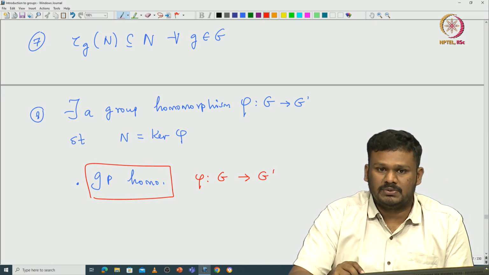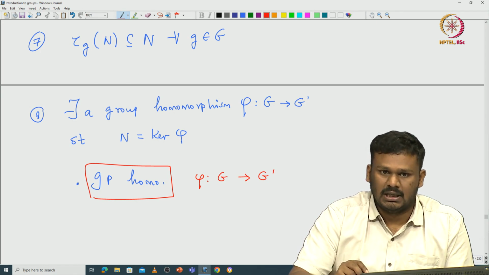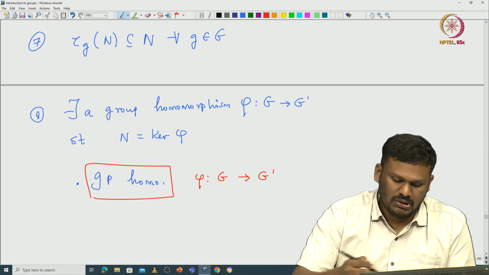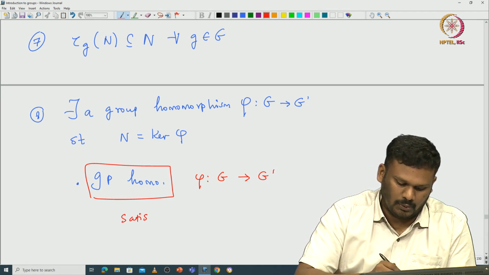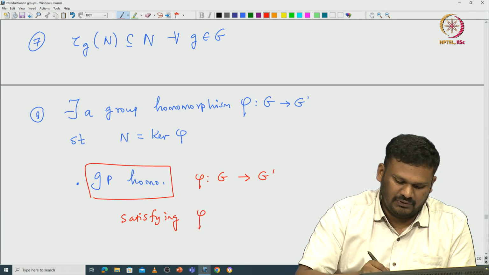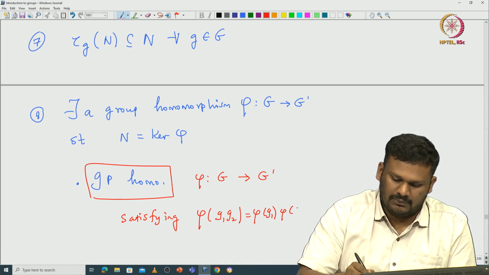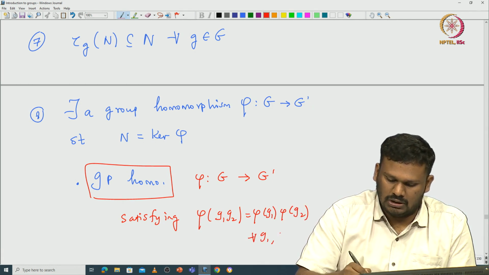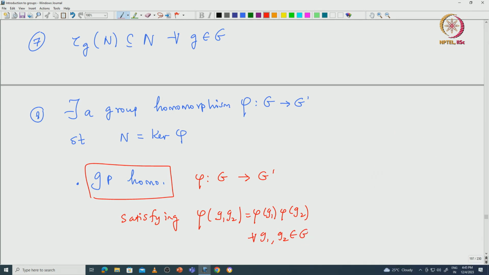You have two groups, capital G and capital G dash, and phi is a map from G to G dash satisfying the following property: phi of g1 g2 should be exactly equal to phi of g1 times phi of g2 for all g1, g2 in capital G. That means if you take two elements from capital G and take their product, phi maps the product to the product of the respective elements in G dash.